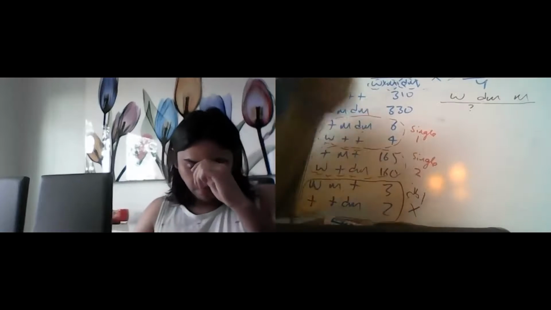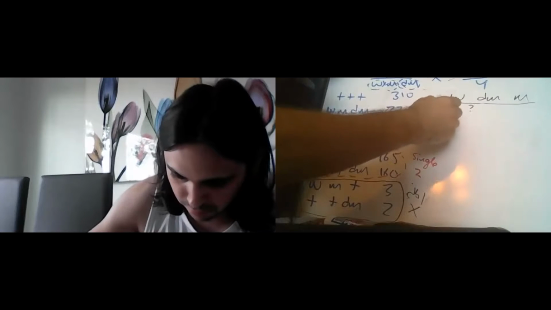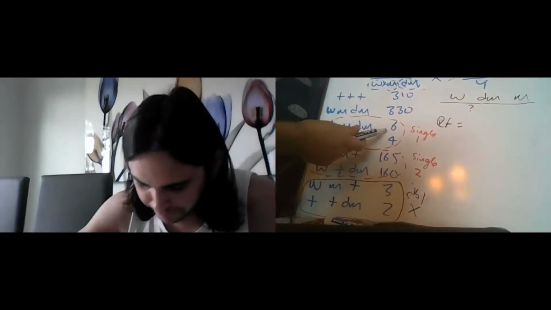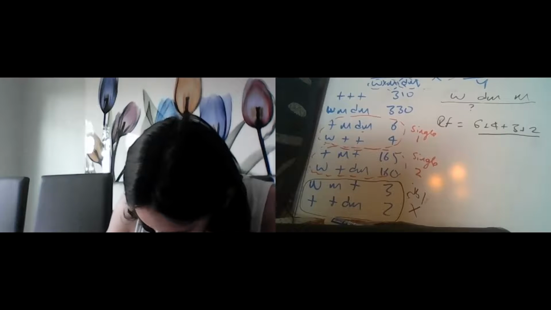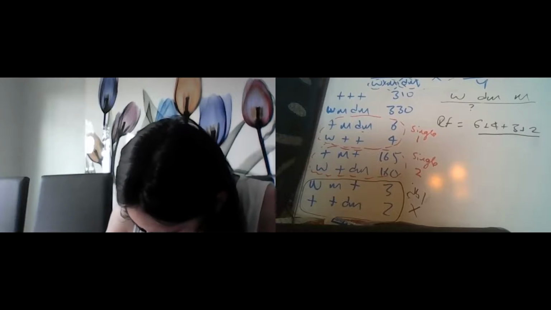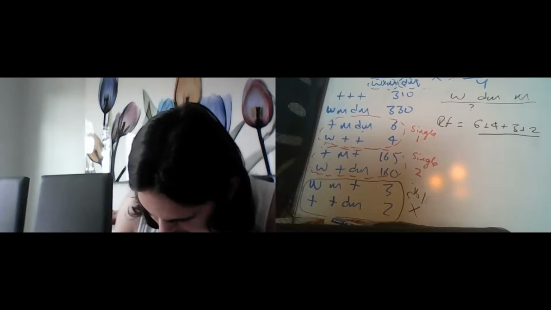So recombination frequency is, how many of these do we have? 6 and 4. How many of these do we have? We've got to include the double crossovers: 3 and 2. What's the total? I haven't actually added it up. Someone can do that for me. 980. Thank you, Rose.